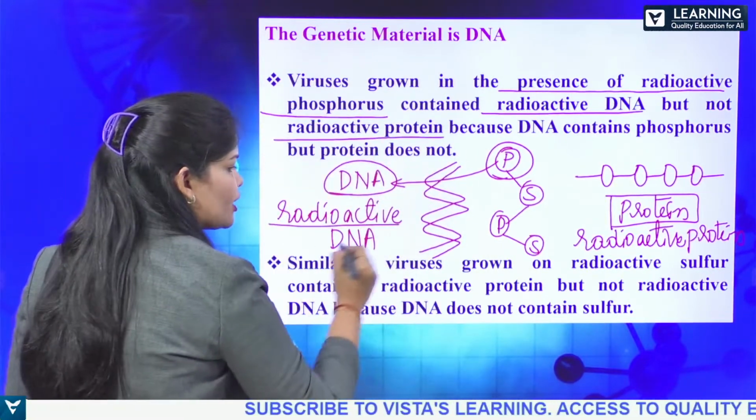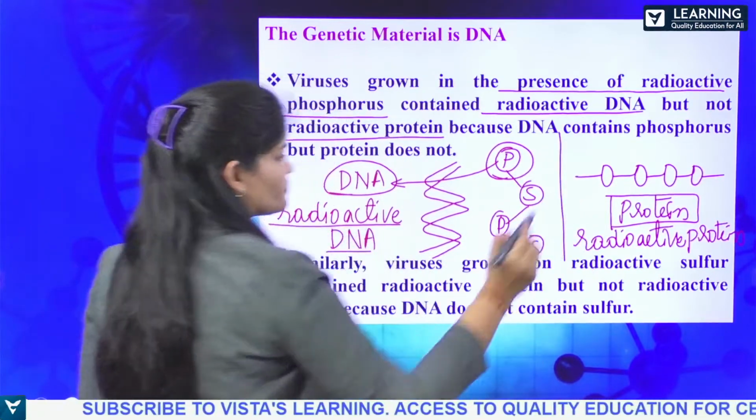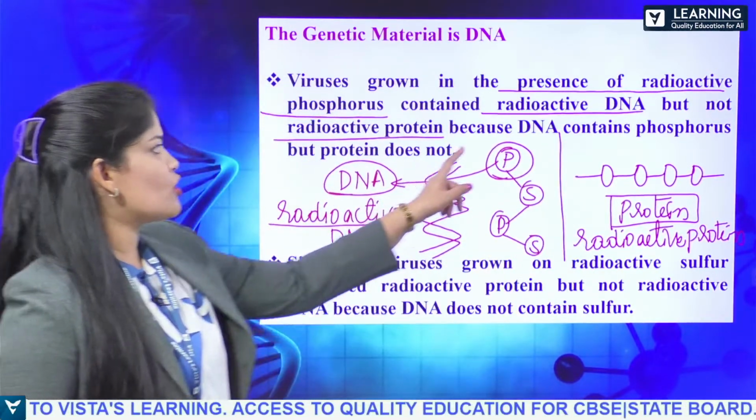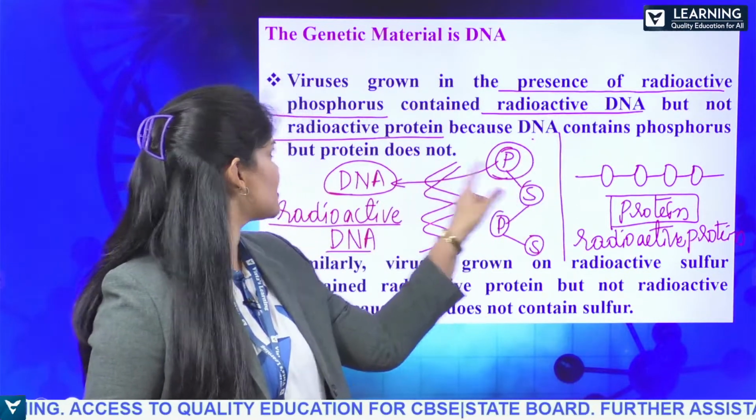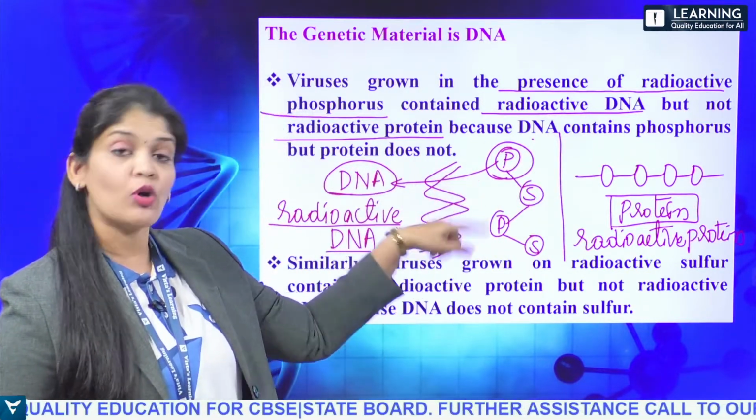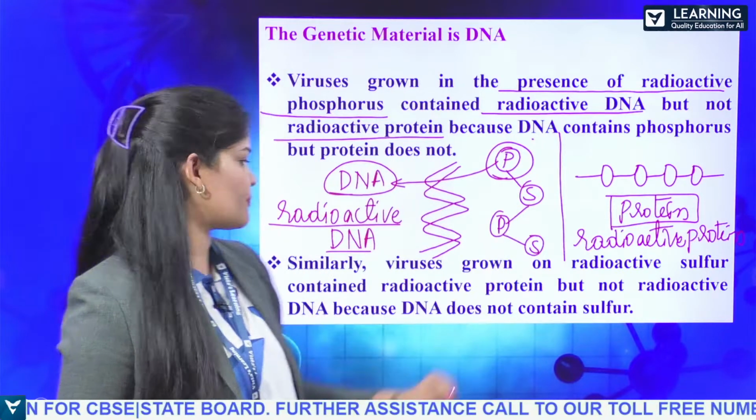Here we'll get only radioactive DNA, because DNA contains phosphorus, but protein does not. What does protein have? It has sulfur.